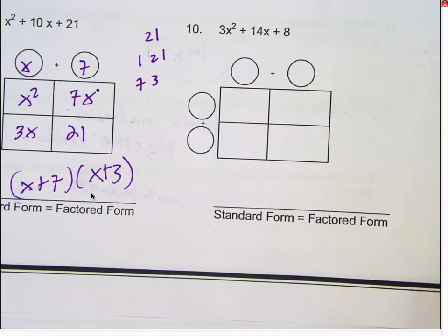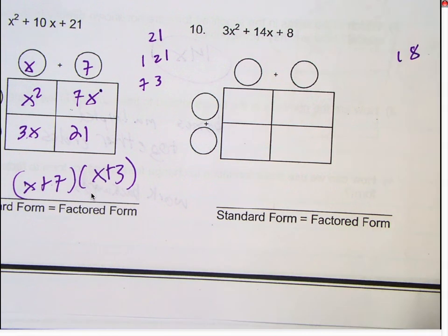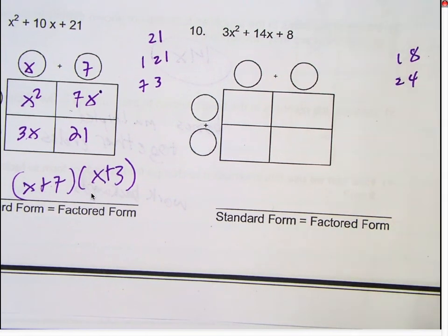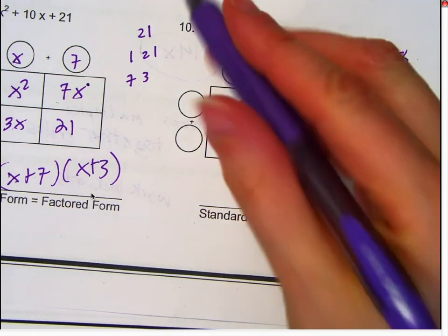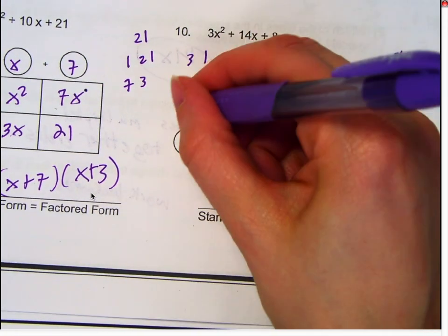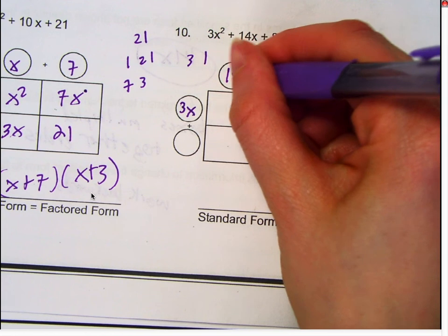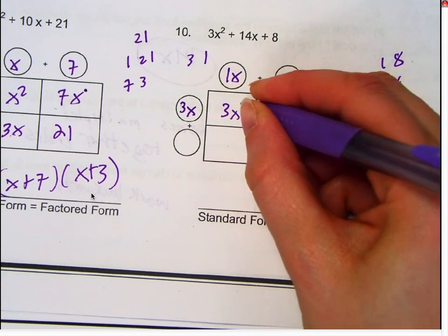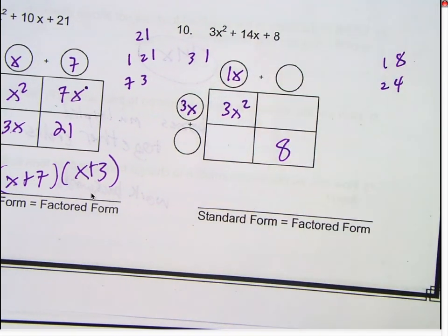Okay, 10. What are multiples of 8? 1 and 8. What else? 2 and 4. Okay, what are multiples of 3? 3 and 1. So we know one of these is going to be 3x, one of these is going to be 1x, correct? Because this needs to be 3x squared, and this down here needs to be 8.